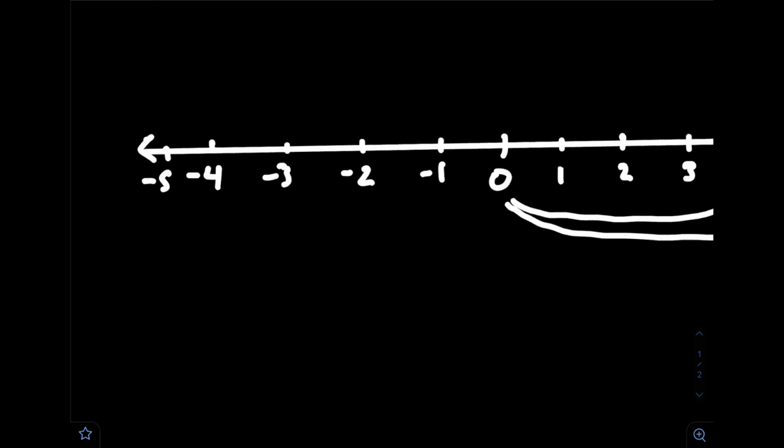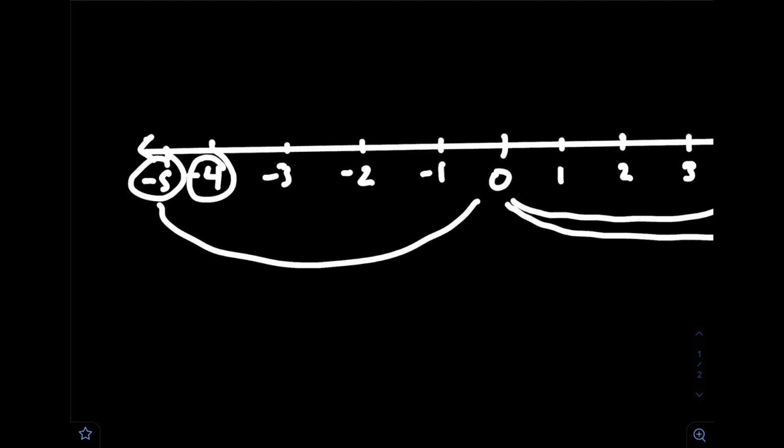Instead of looking to see which number is closer to 0, you'd be looking to see which number is further away from 0. So, taking a look at similar numbers, -5 and -4, since -5 is further from 0, it is less than -4, because -4 is closer to 0.